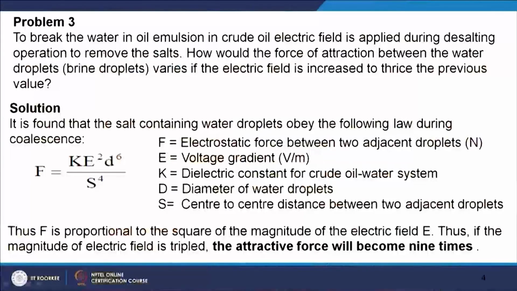Our next problem says: to break the water in oil emulsion in crude oil, an electric field is applied during the desalting operation to remove the salts. How would the force of attraction between the water droplets vary if the electric field is increased to thrice the previous value?